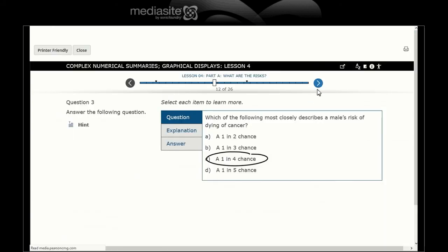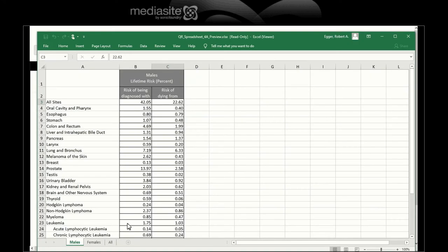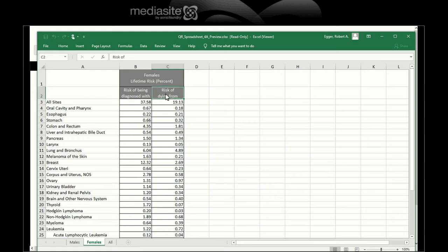Next question. Which of the following most closely describes a female's risk of dying of cancer? So, female risk, dying. Let's go to the table. Female, dying, 19.13.